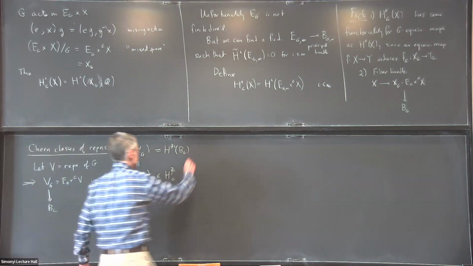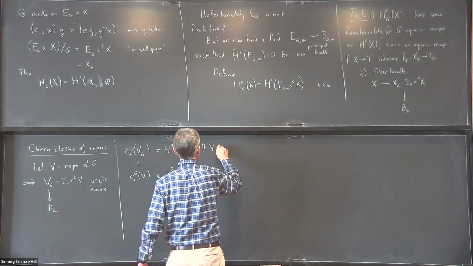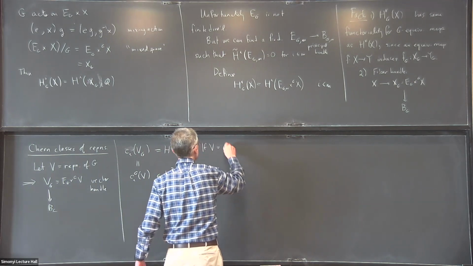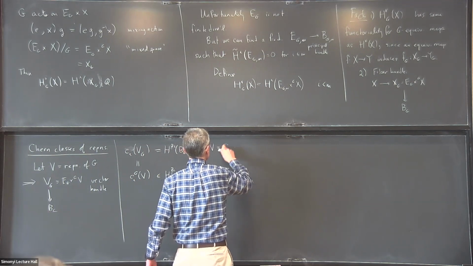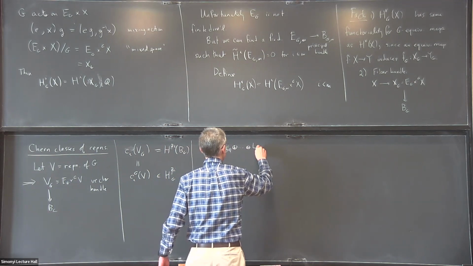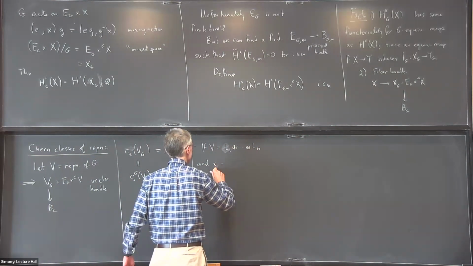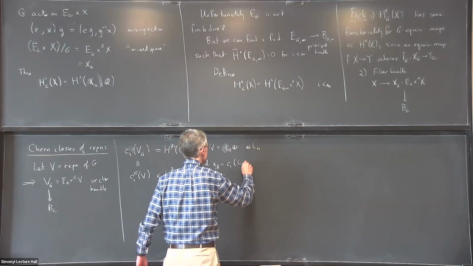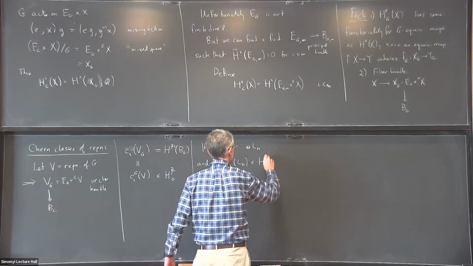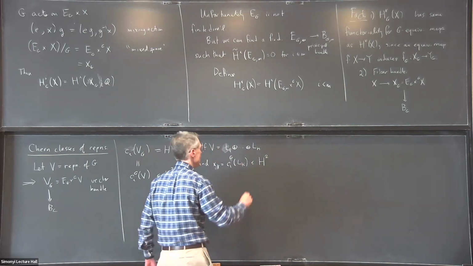Now, if V splits up as L_1 plus ... plus L_n, and x_k is equal to c_1^G of L_k in H^2_G, right?